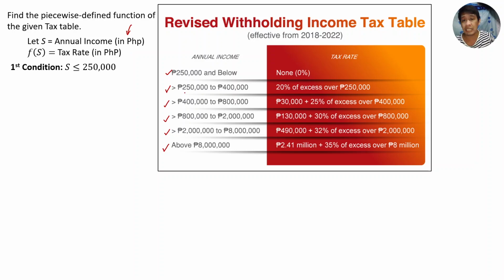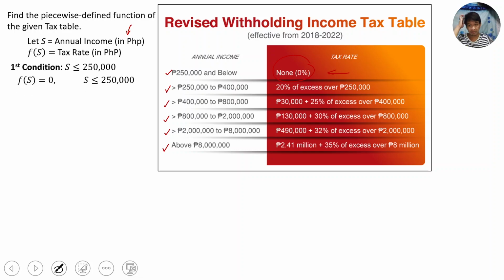So, sabi dun sa first row ng table natin, wala daw tax na ibibigay for those Filipino earners na less than or equal to 250 ang annual income. So, meaning to say, pag ginawa natin siya ng f of s is equal to 0. No tax at all for income earners na 250 and below.